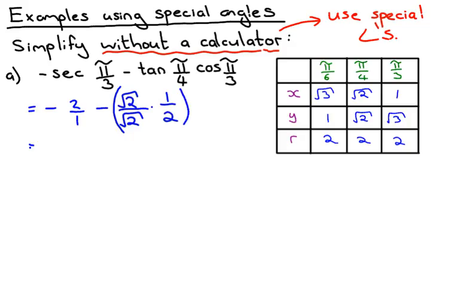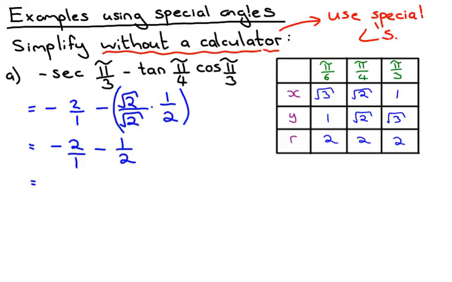Okay, so let's do the arithmetic that's involved. This is negative 2. I'm going to keep over 1. Minus root 2 times 1. Well, root 2 over root 2 is 1, so it's just going to end up being 1 over 2. Get an LCD of 2.